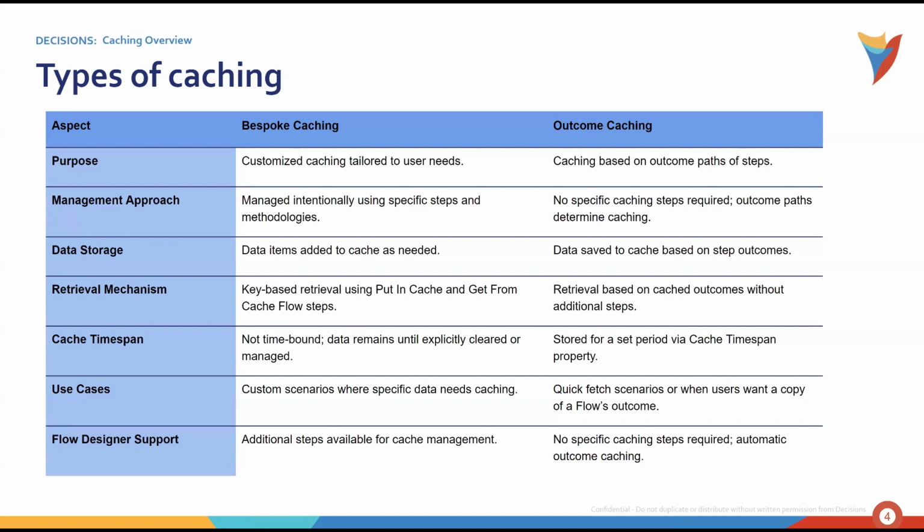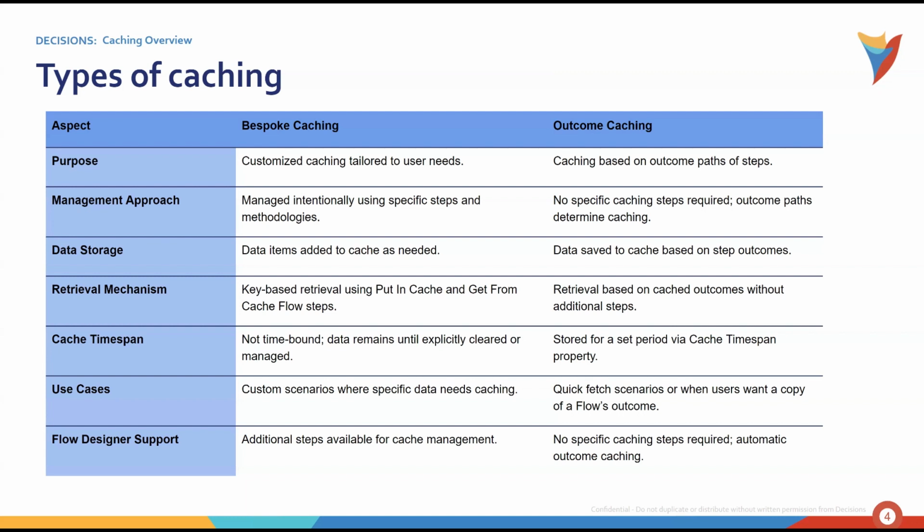Now, if I talk about outcome caching, it is a caching method that operates based on the result of one or more steps. It is basically used so that it doesn't need distinct caching actions. So when the data is saved in the cache, it's kept there for a predetermined duration, controlled by the cache time span setting.